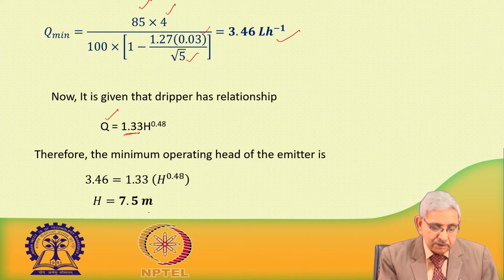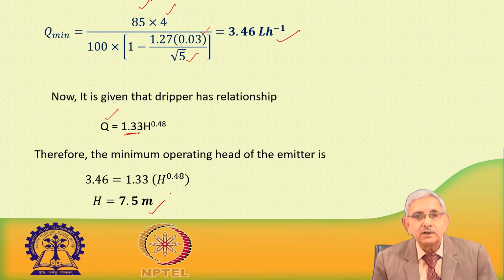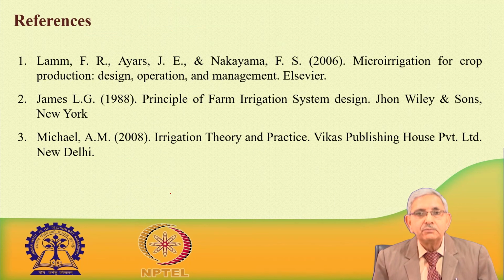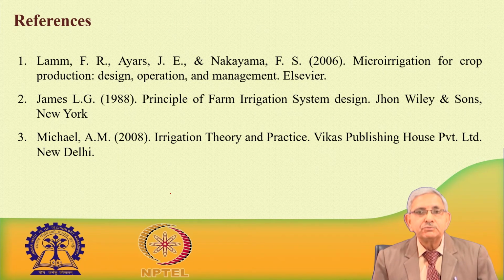So, H is 7.5 meter. This is the minimum operating head at the emitter that will deliver the discharge of 3.46 liter per hour. This way we have estimated the desired value asked in the question.